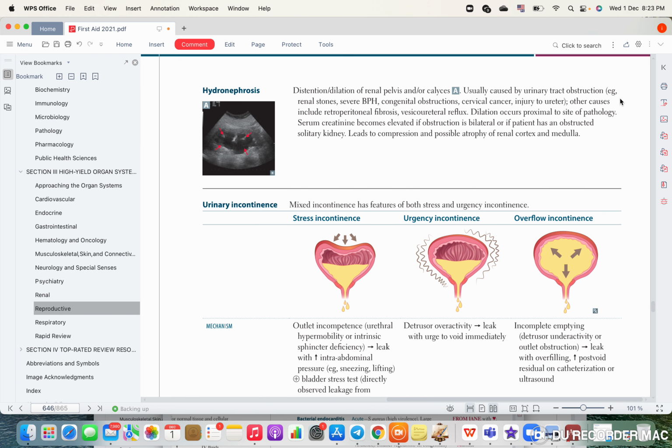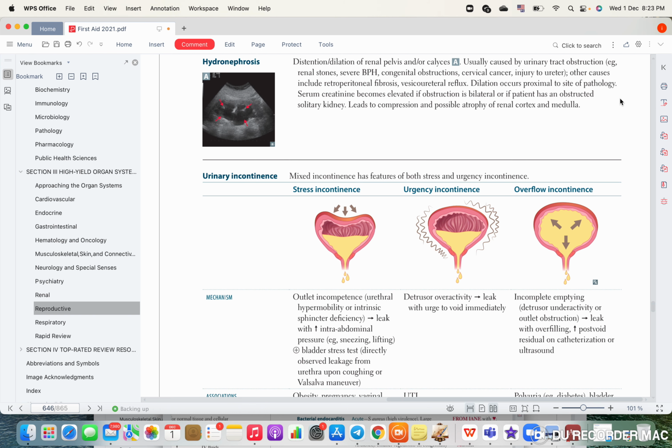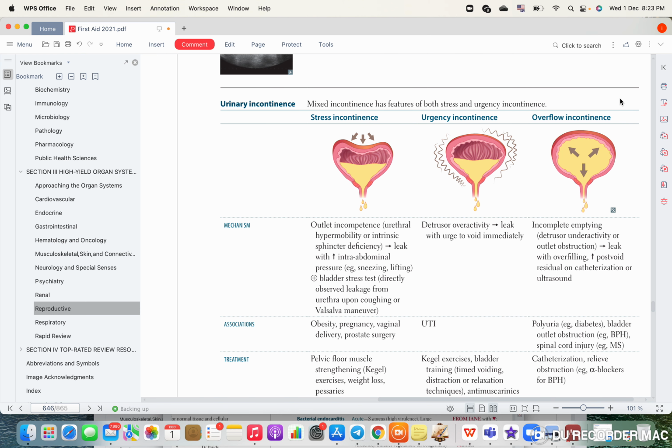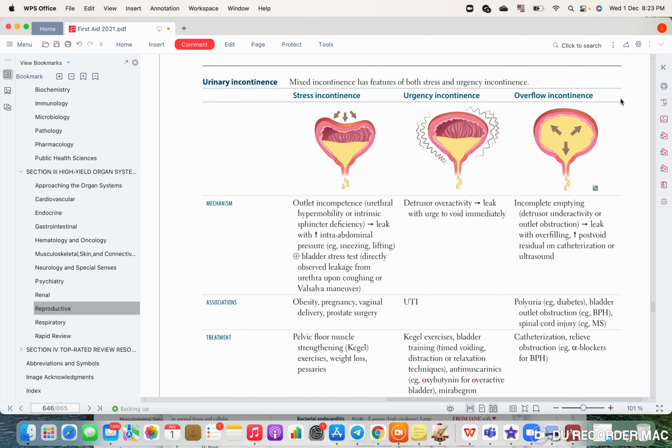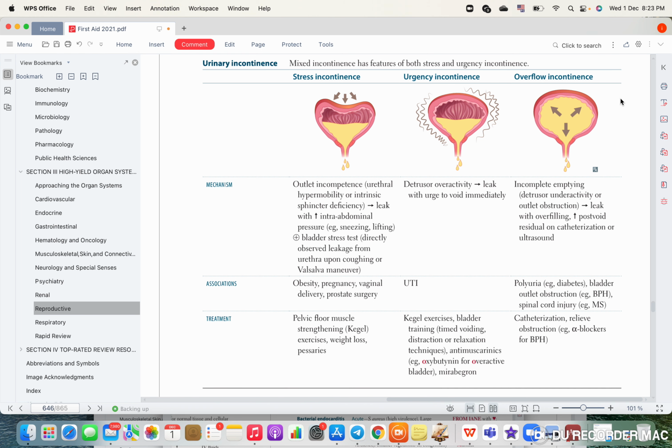Yeah, Crohn's disease, exactly. Okay, so in case of hydronephrosis, what will happen to your GFR? It will go down because the hydrostatic pressure inside of the Bowman's capsule will go up.